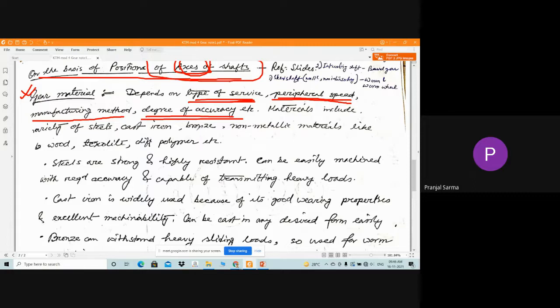Depending on the degree of accuracy, you go for a different material.